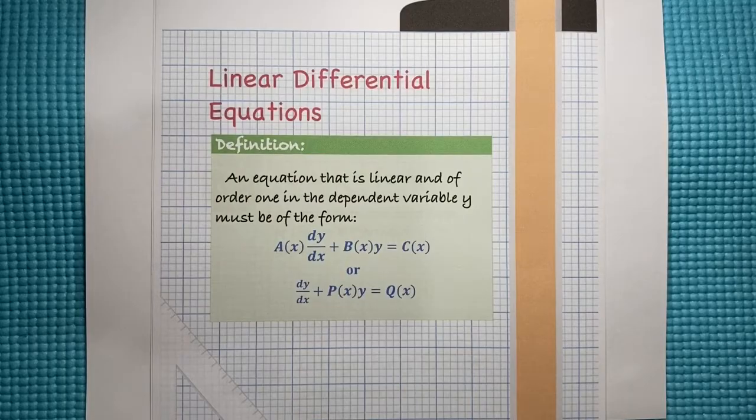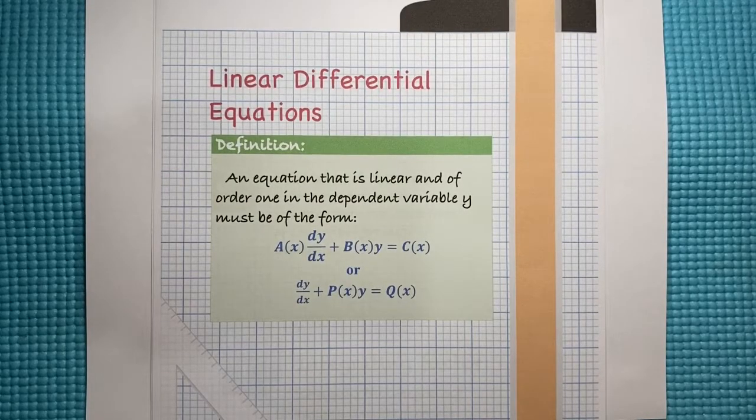By definition, a linear differential equation is an equation that is linear and of order 1 in the dependent variable y, so it must be in this given form: a of x dy over dx plus b of x times y is equal to c of x.